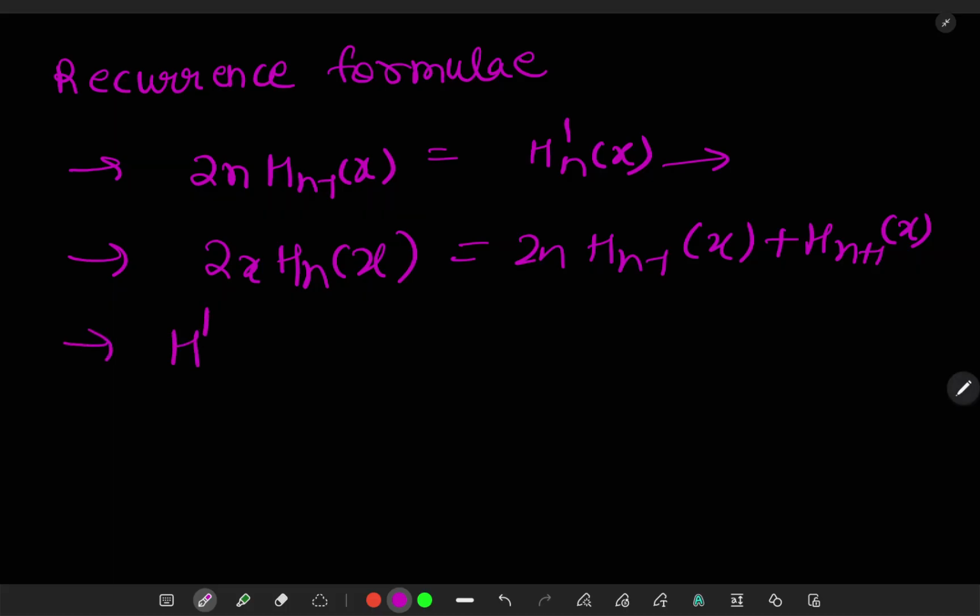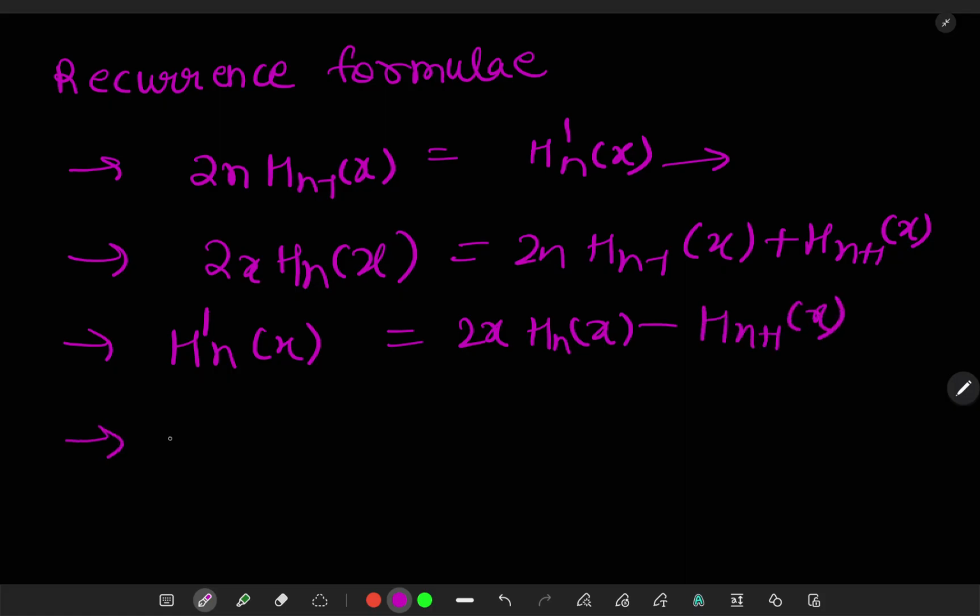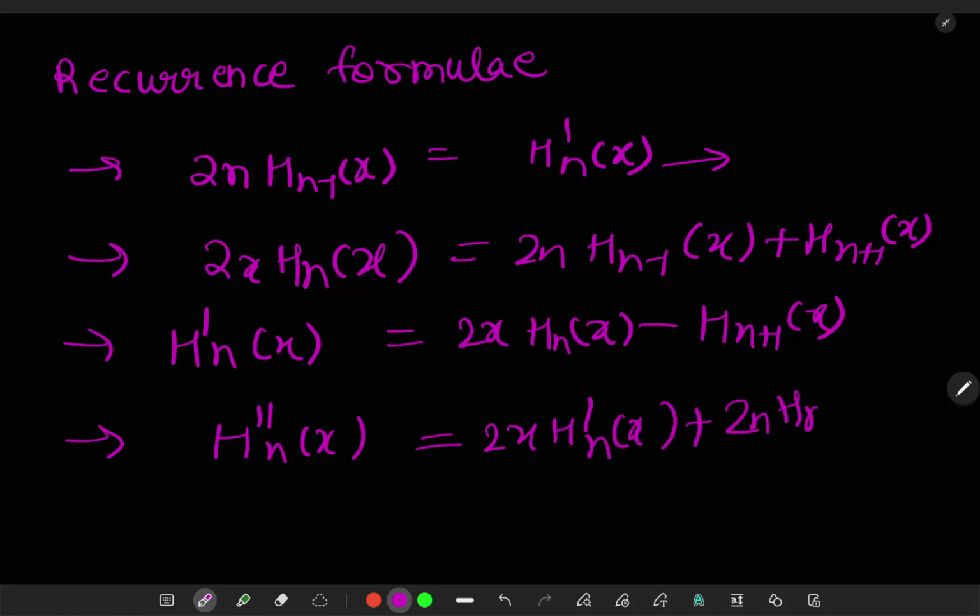Now another relation: H n dash x is equal to 2x Hn x minus H n plus 1 x, and this is another important relation. H double dash n x minus 2x H dash n x plus 2n Hn x equals 0.